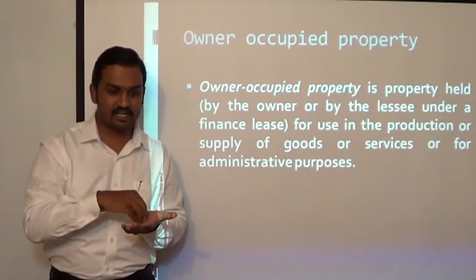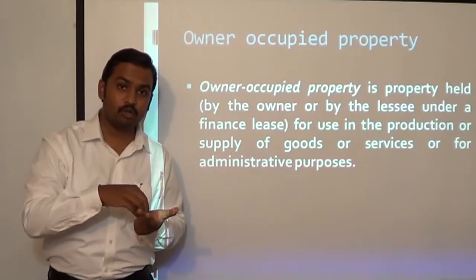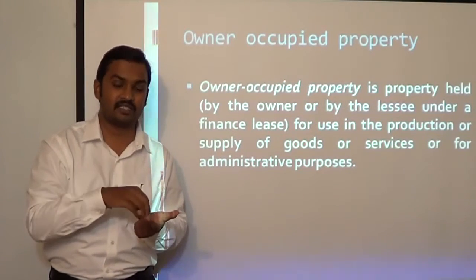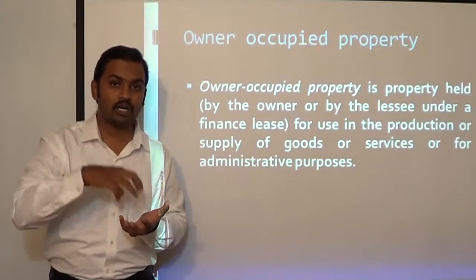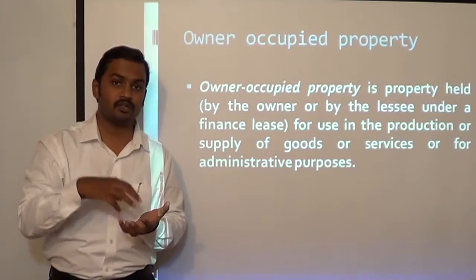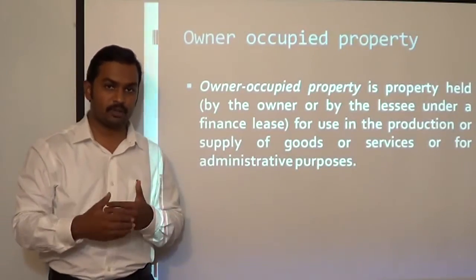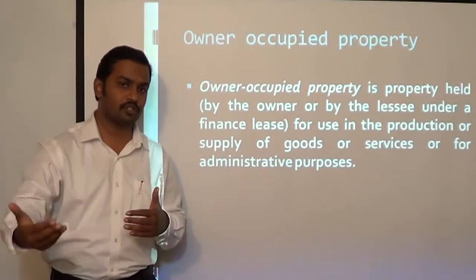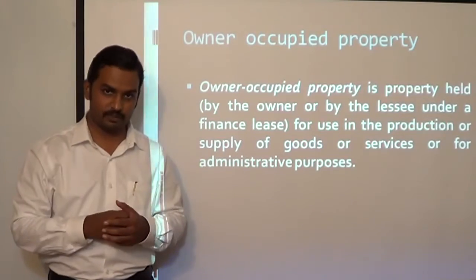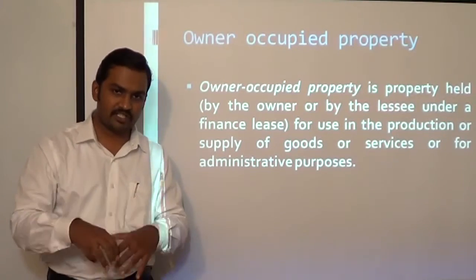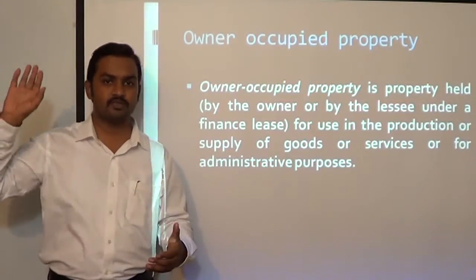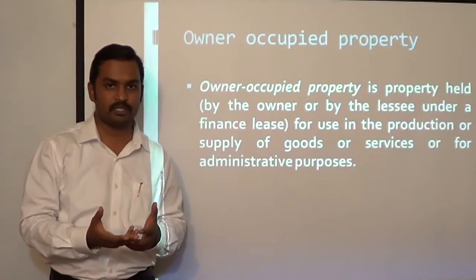So in this standard, how the owner and the lessee who is holding the asset under finance lease are going to account for investment property in their books of account is what we are going to discuss. So owner-occupied property is property which is held for use in production of goods, provision of services or for administrative purposes. If such properties are held for sale in the ordinary course of business, it becomes inventory. It is not even owner-occupied property in such a case.